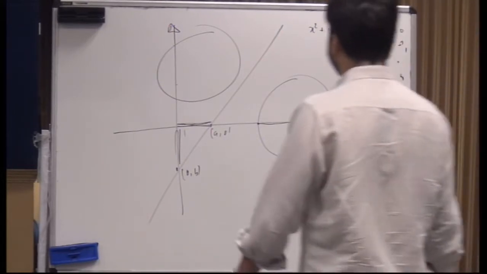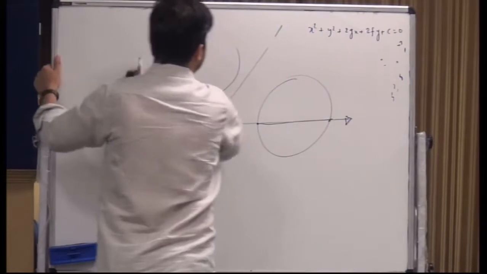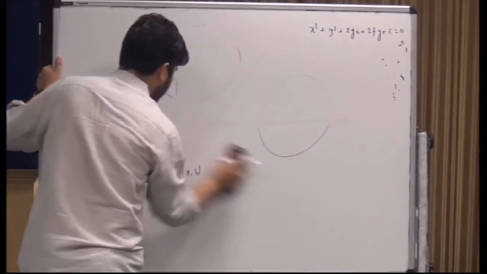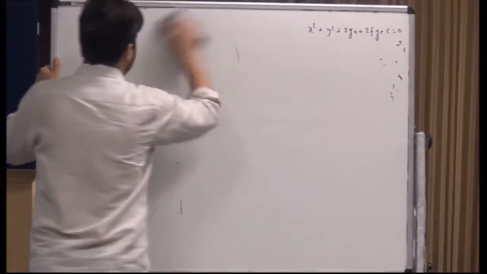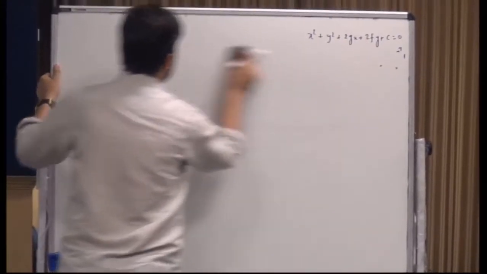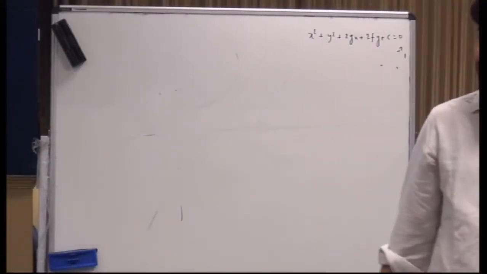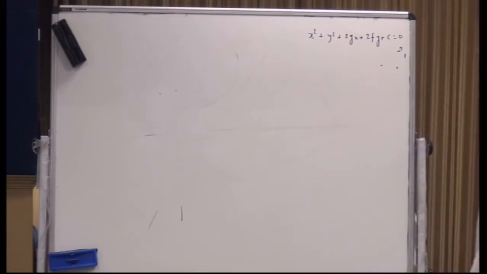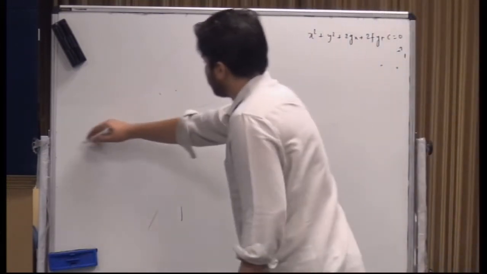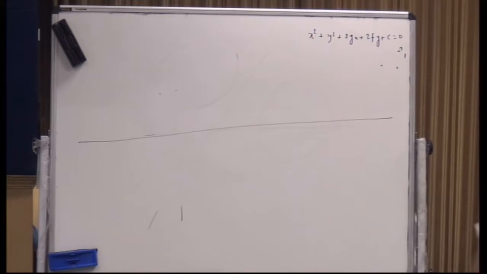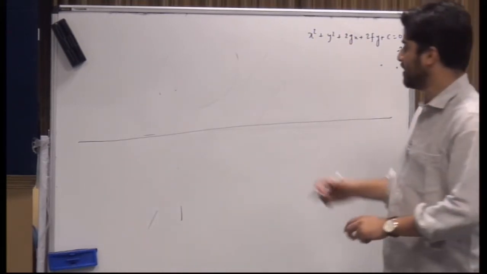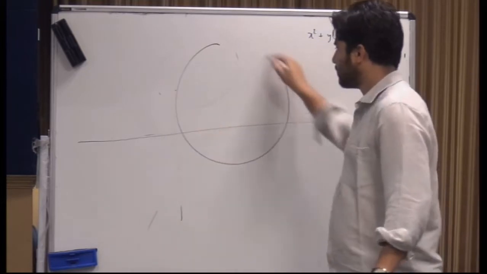Now tell me, you have your circle here, x square plus y square plus 2gx plus 2fy plus c, right? And this is your x-axis, right?